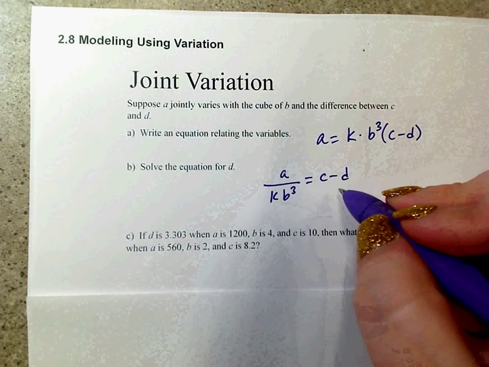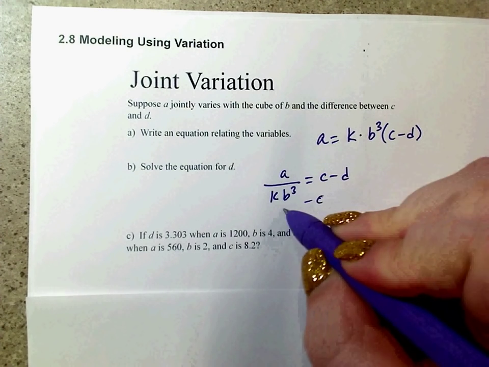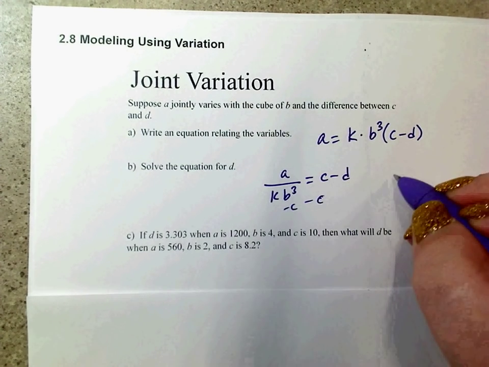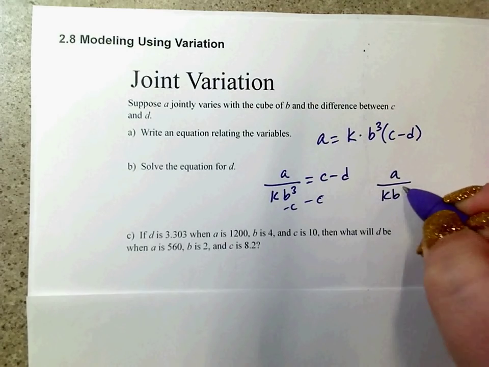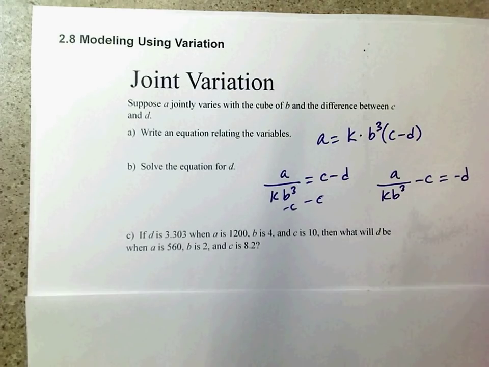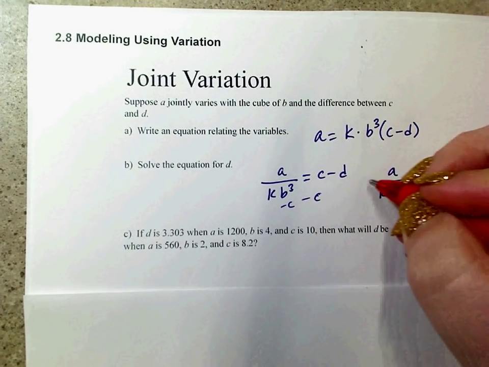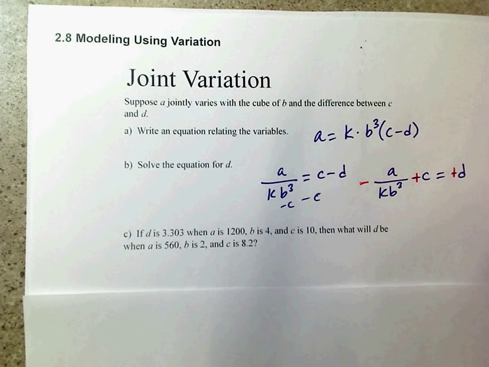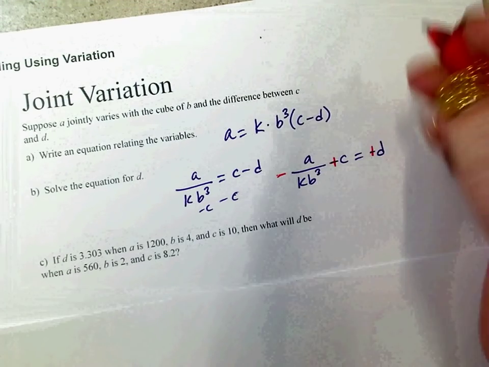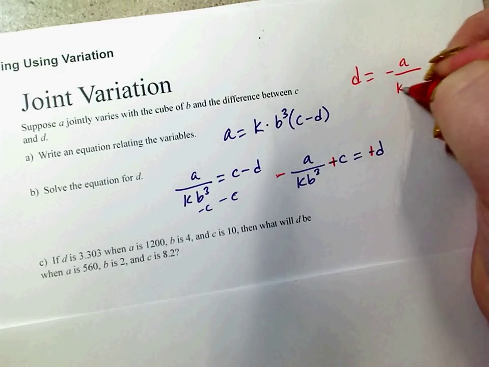So if we subtract C from both sides, then I'm left with A over K times B cubed minus C equals negative D. Don't forget the negative part. And then divide by negative, which just means make that plus, make that minus, make that plus. So we divide by negative. So D equals negative A over KB cubed plus C, or C minus all that.